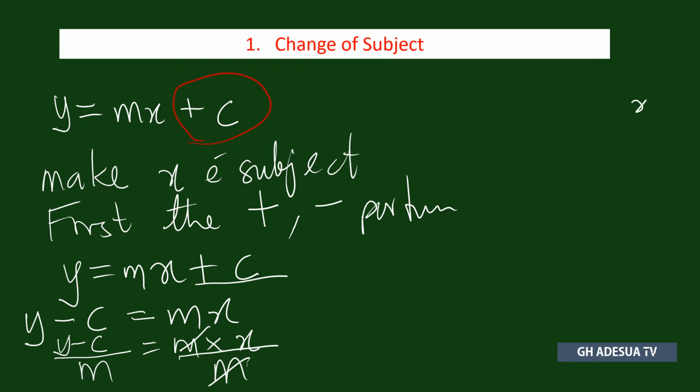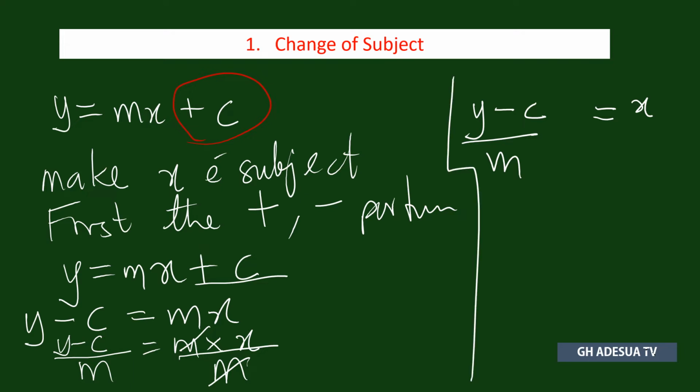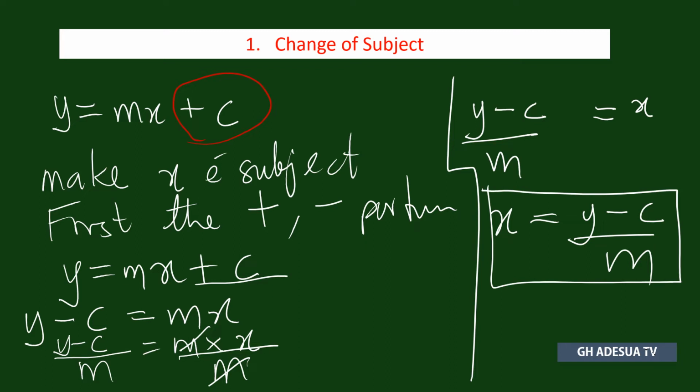So on the right-hand side, we have our x. On the left-hand side, we have y minus c over m. As always, because we are making x the subject, we will write the x first. So it becomes x is equal to y minus c over m. We have successfully made x the subject.